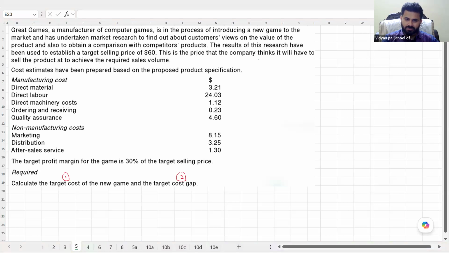Okay, Santosh. Thanks, Sander. You have given me both answers. Santosh, thanks for the target cost. Try to calculate the cost gap as well. And I'll wait for others.